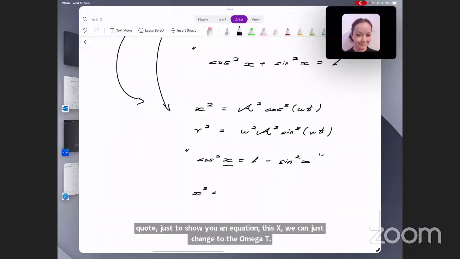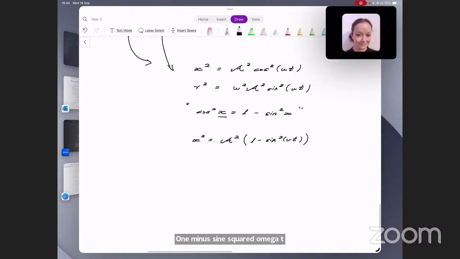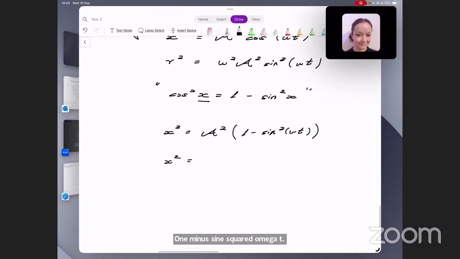So x squared can be expressed as a squared times 1 minus sine squared omega t. This is just going through algebra. x squared is equal to a squared times 1 minus, and this sine squared omega t we can replace by moving omega squared a squared over to the left-hand side, which gets you v squared over omega squared a squared.